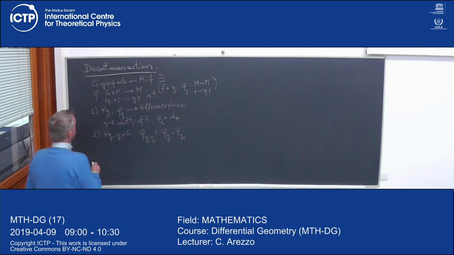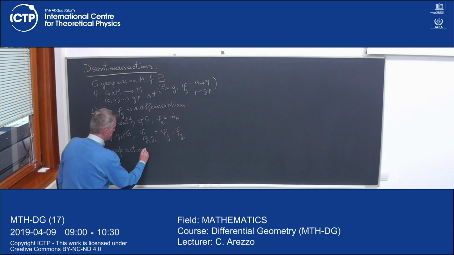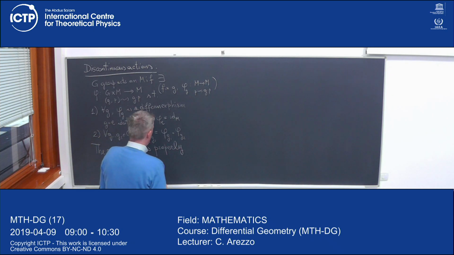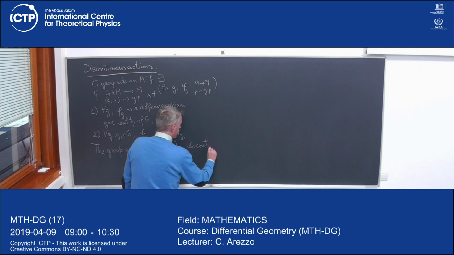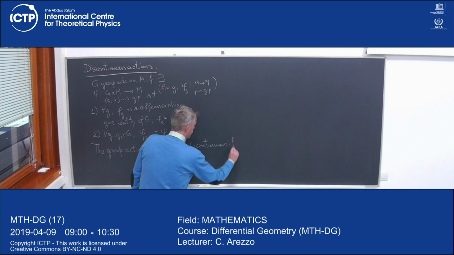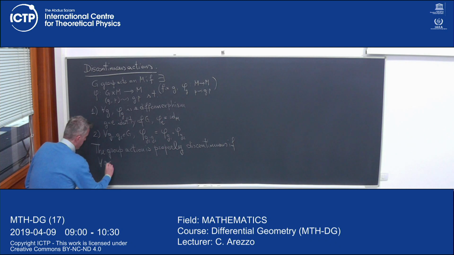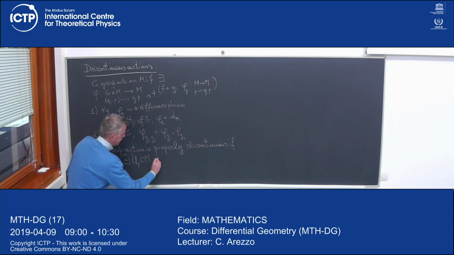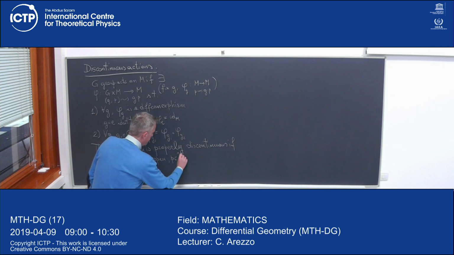Now, I will say that the group action is called properly discontinuous. Kind of a strange name, but you will realize that it's actually a good name. Properly discontinuous if for any p in M there exists U_p contained in M, open of course, by this notation I always mean that it's a neighborhood of the point p.